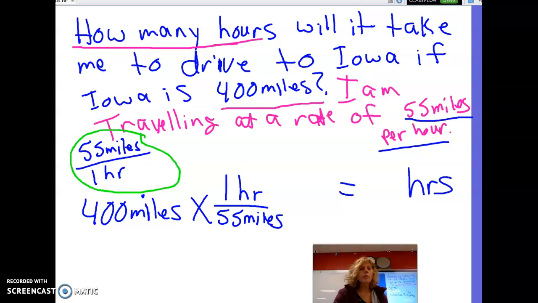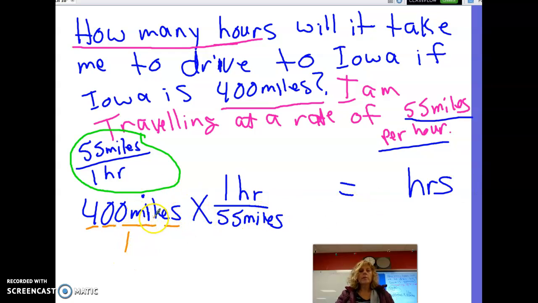Also remember, when I have a whole number, it's really like a fraction over 1, right? It's like this, 400 over 1.